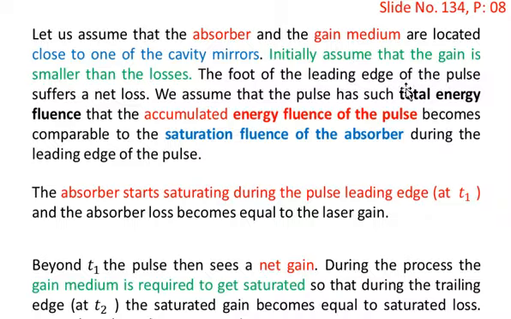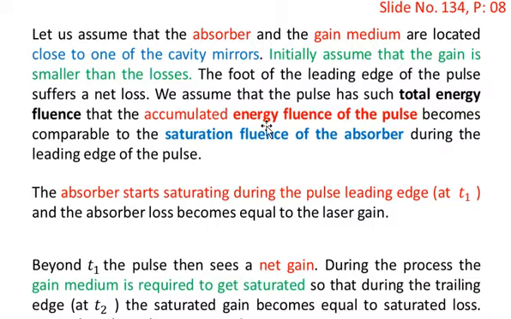We assume that the pulse has such total energy fluence that the accumulated energy fluence of the pulse becomes comparable to the saturation fluence of the absorber during the leading edge of the pulse.